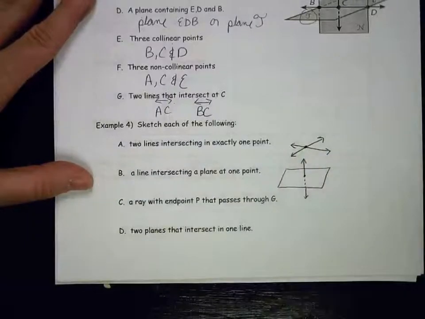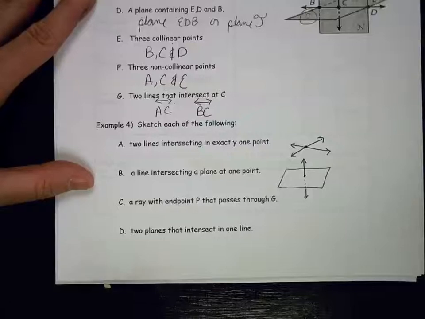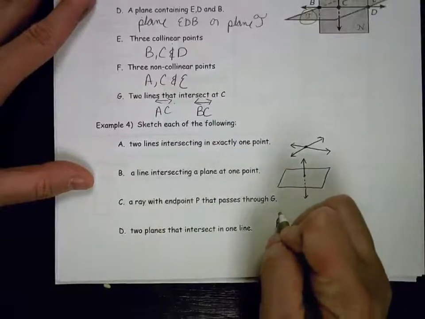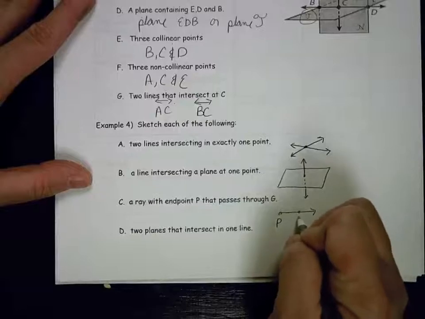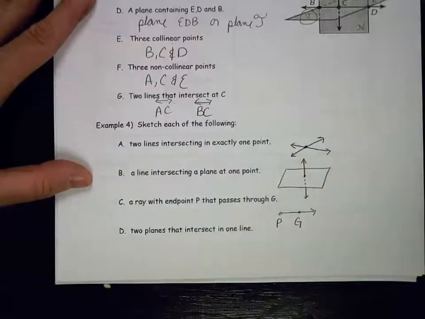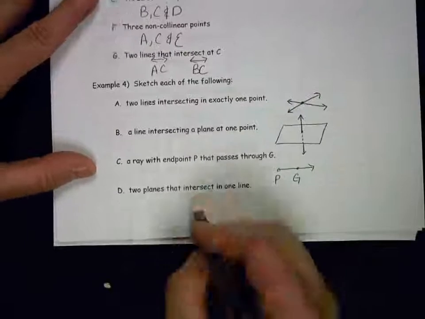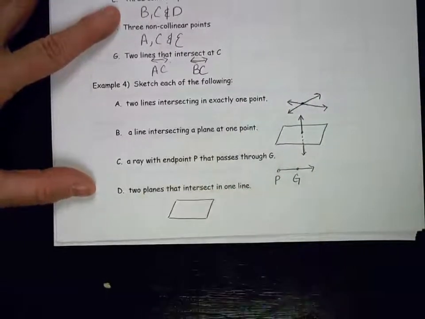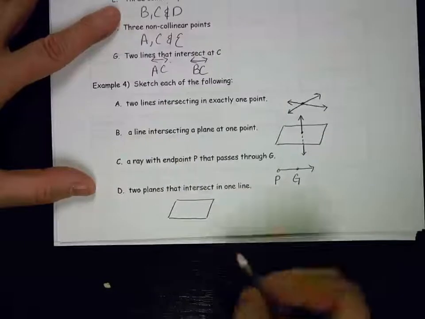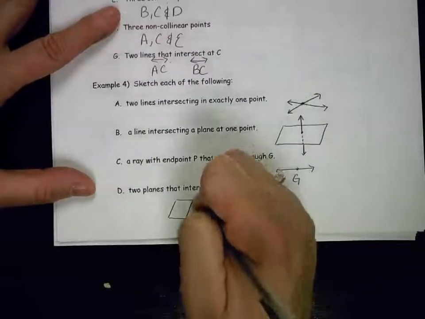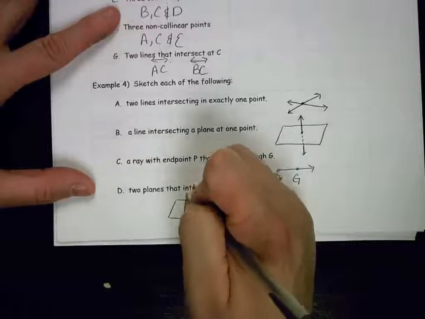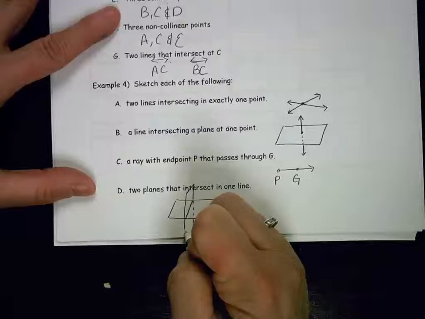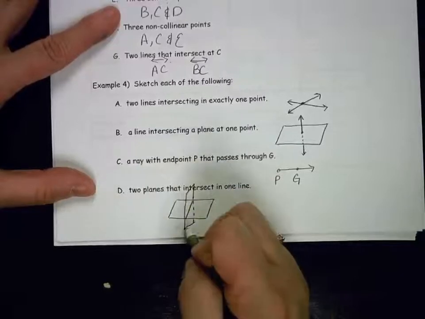And you can see that line that goes down through the plane. A ray with endpoint P that passes through G. And lastly, two planes that intersect in a line. There's the first plane. I'm going to draw a line. Draw both of those going up. Both going down, and looks like that.